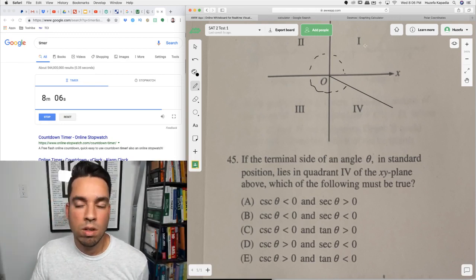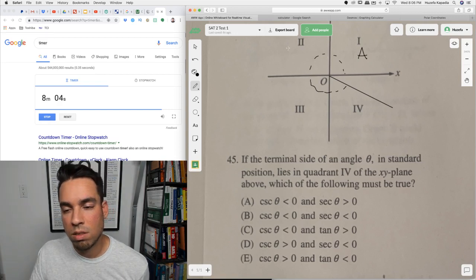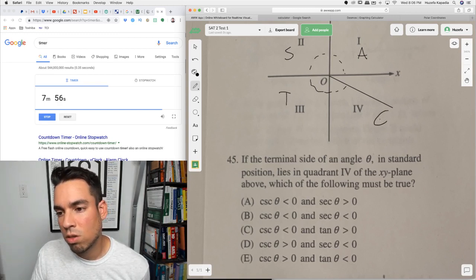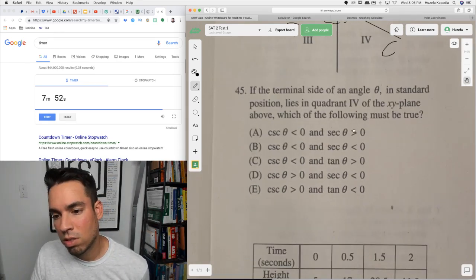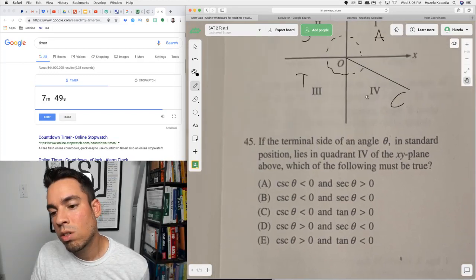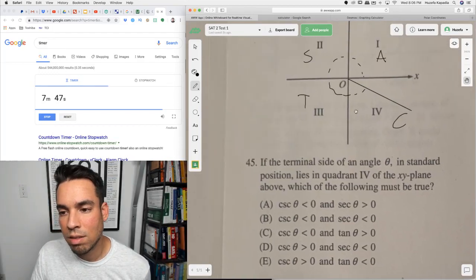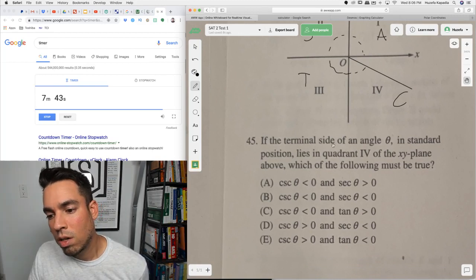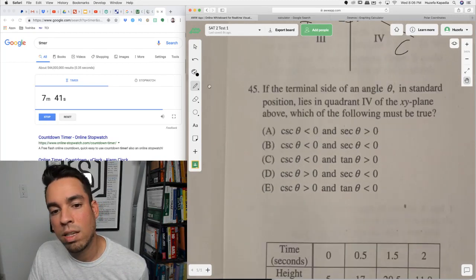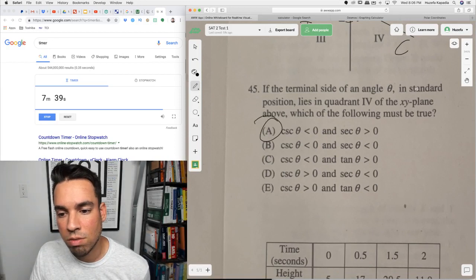Okay, so that means we're here, and everything is positive here. Sine's positive here, tangent's positive here, cosine's positive here. And these are just the inverses, so it's the same thing. Cosecant, so we're in quadrant 4. Cosecant is negative, which is sine, which is true.